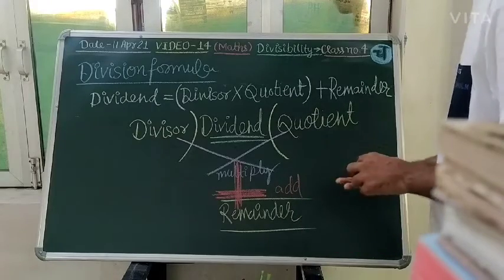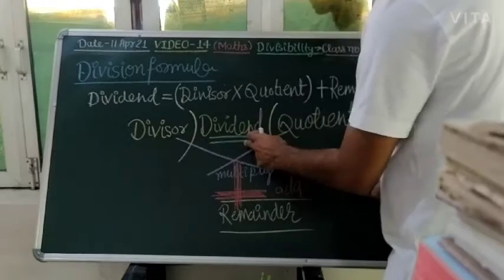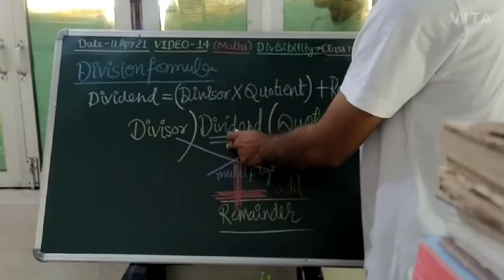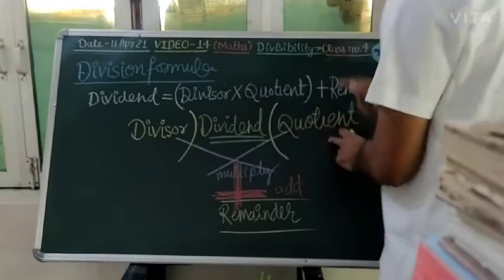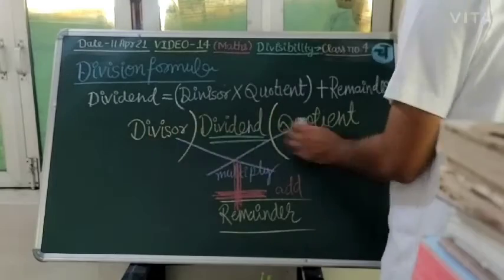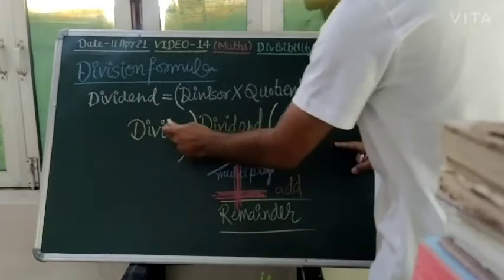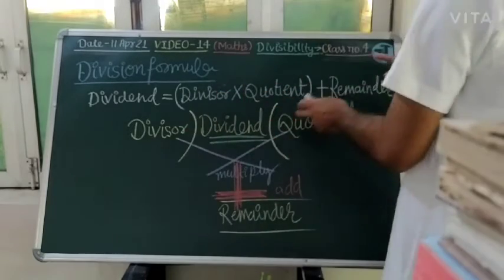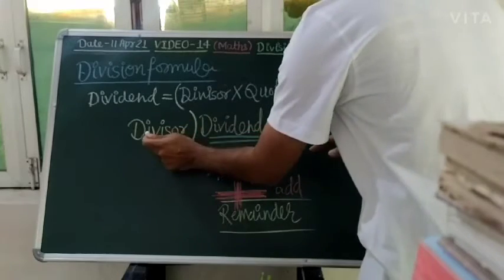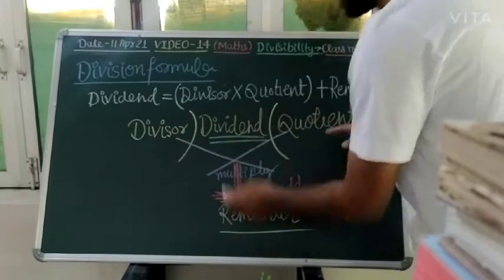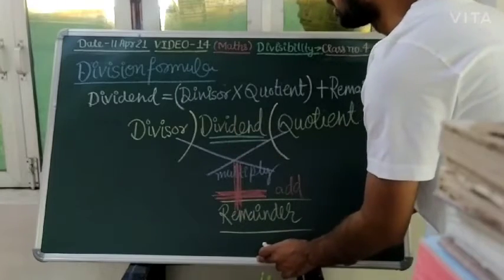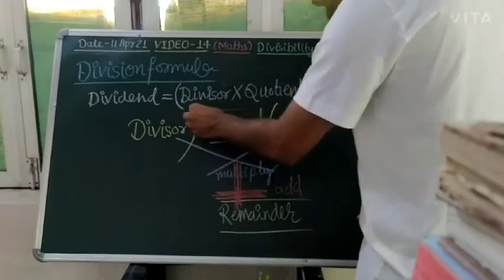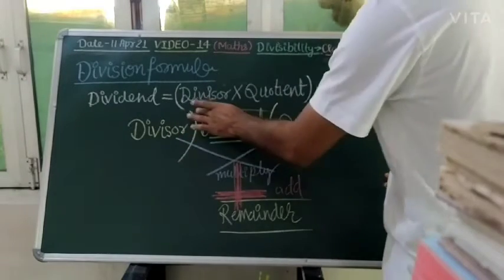The relation is that our dividend, the middle one, is the multiplication of the left side and the right side, plus the remainder. The plus at the bottom will be equal to the middle one.